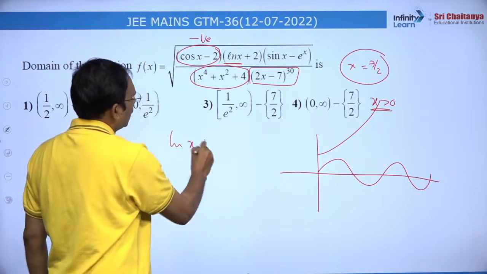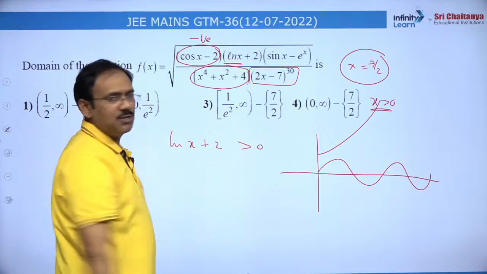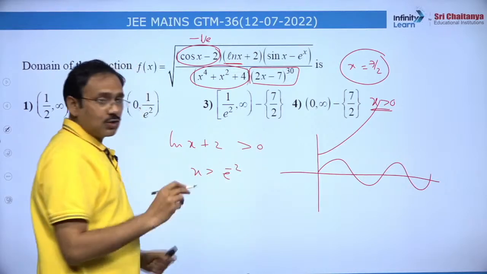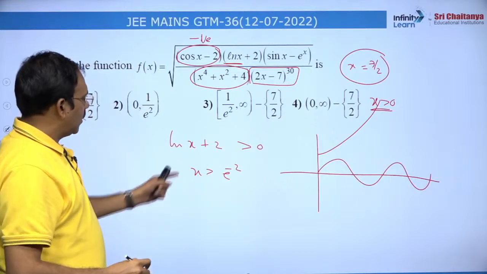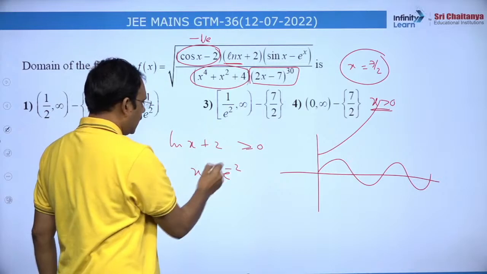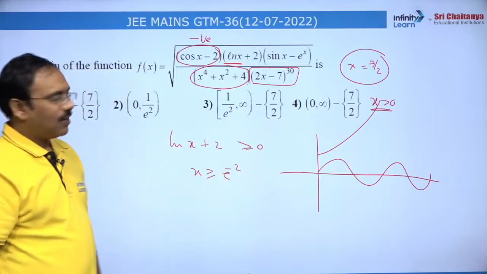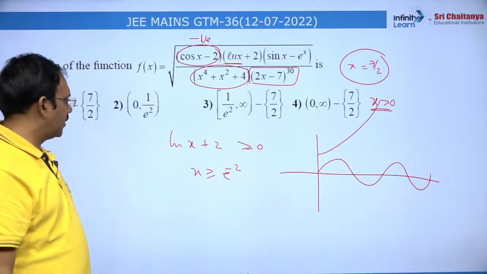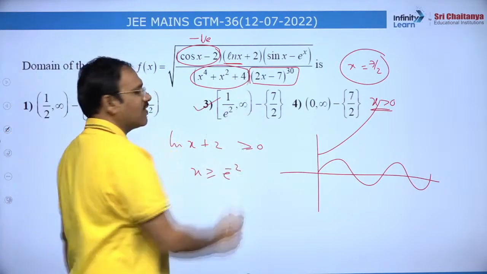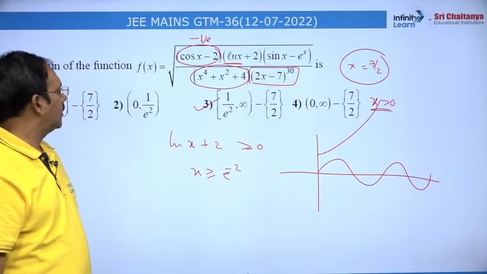Finally, what we wanted is ln x plus 2 must be positive, dear friends. So x is greater than e power minus 2. Combine all these, and can I take greater than or equal to? Yes, because it can be 0, because root 0 is possible. So x is from 1 by e square to infinity other than 7 by 2, that is it.